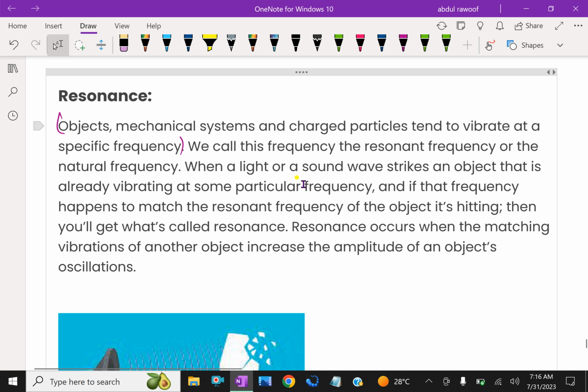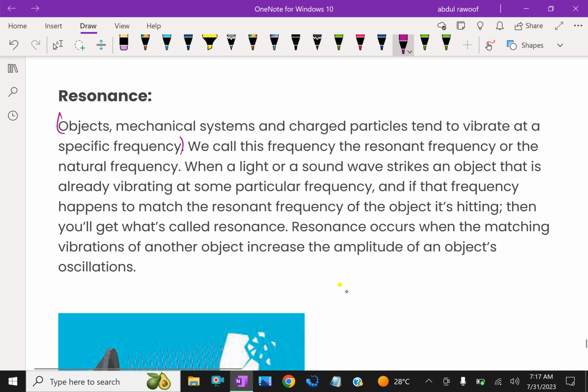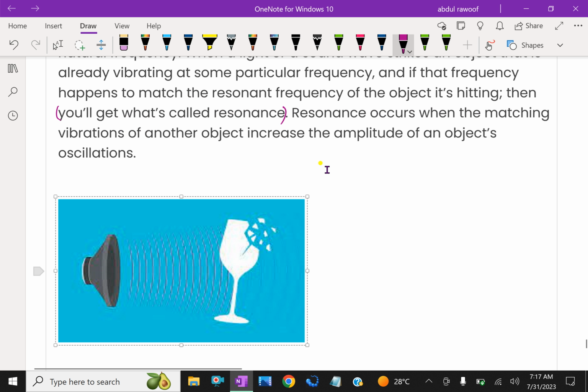When a light or a sound wave strikes an object that is already vibrating at some particular frequency, and if that frequency happens to match the resonant frequency of the object it is hitting, then you will get what's called resonance. That means at a point, the natural frequency and the artificially induced frequency become the same. Resonance occurs when the matching vibration of another object increases the amplitude of an object's oscillations.